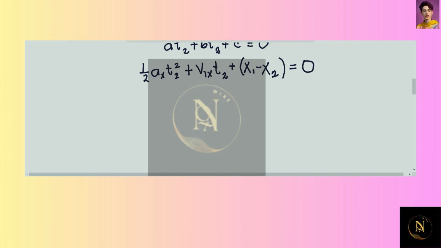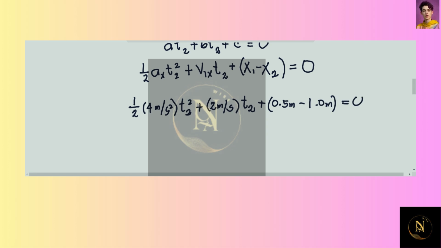Inserting in this expression the given values, we have 1/2 times 4 meters per second squared multiplied by t sub 2 squared plus v sub 1x, or the velocity 1, which is 2 meters per second, multiplied by t sub 2 plus x sub 1, distance 1, which is 0.5 meter, minus the distance 2, or the final distance, which is 1 meter, is equal to 0.